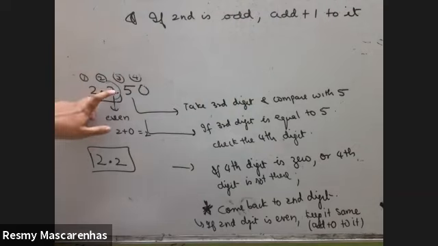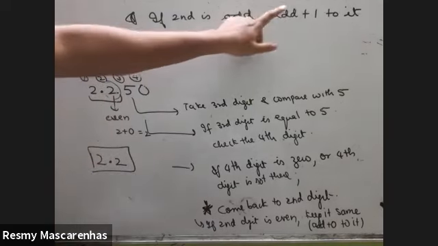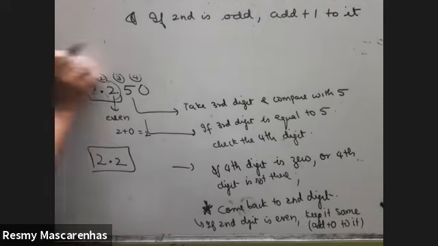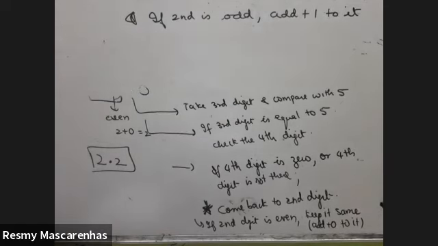So if it was 3 given to me, an odd number, then it would become 4 after adding 1. But this is an even number, that's why it remains the same. Only if it's odd, you have to add 1. Set the rules.